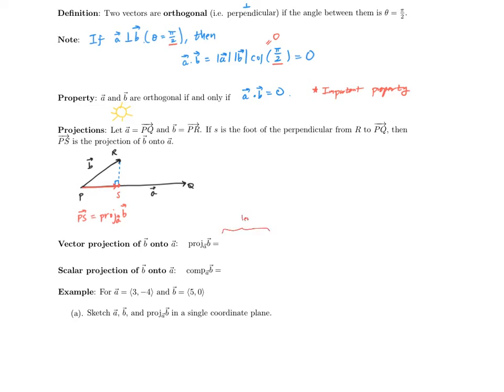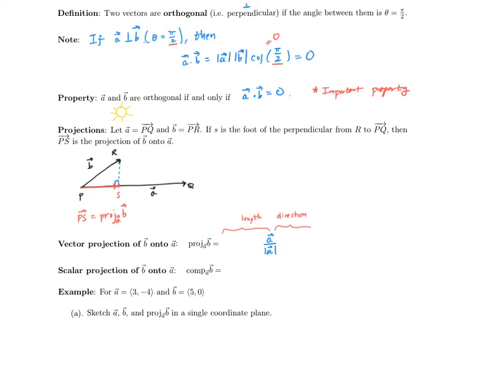There's the length of that projection vector, and then we need to multiply it by its direction. But we already indicated that we know the direction of this projection vector. It goes in the direction of A. So what we are going to need is the unit vector in the direction of A, and then we'll simply put the length of that vector in front of it.